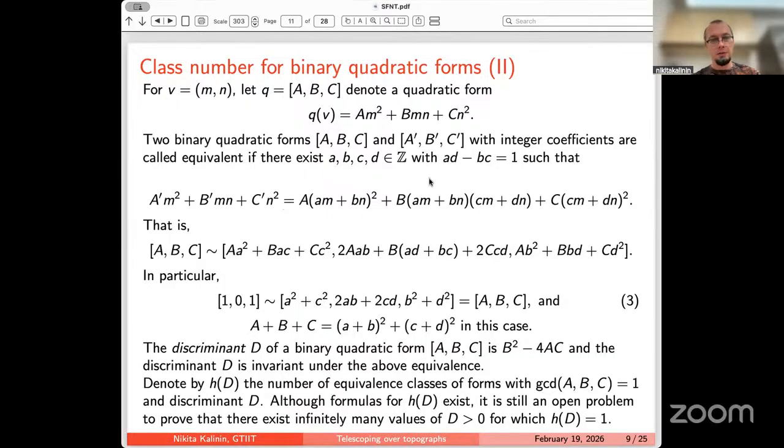Then you say that the form with new coefficients is equivalent to the previous form. So you are interested, for example, in the values of the form on the lattice. You don't care what the basis of this lattice is, you just have a lattice. And when you change the basis, your form is transformed in this way.